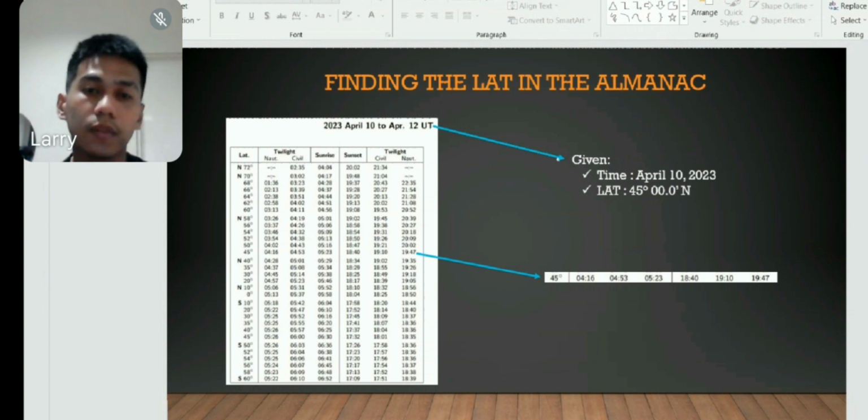First, our given is the 10th of April 2023. The blue arrow is the indicator of that, and then we must find the 45 degrees. Since 45 degrees has this exact value here, we don't need to interpolate.